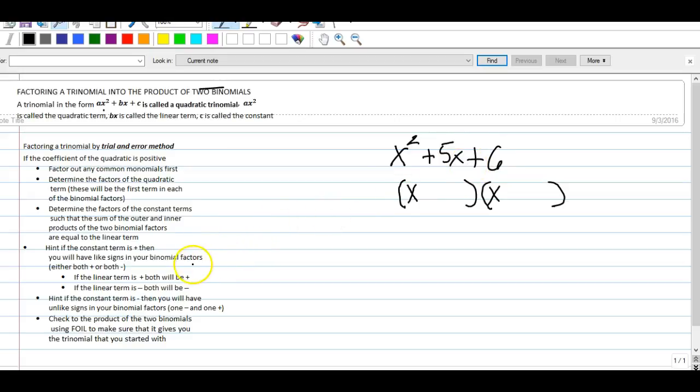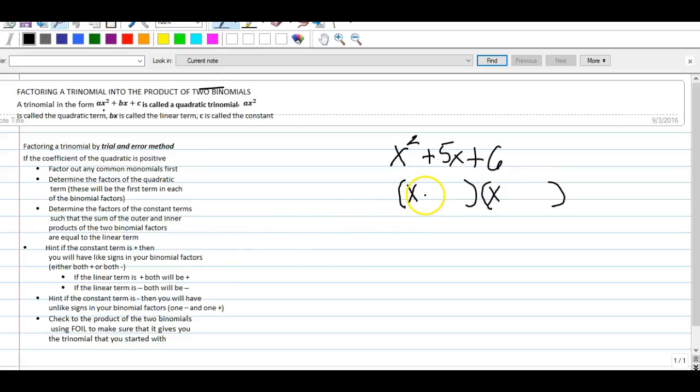And we can do a little bit better than that. We know that those signs will both either be plus or minus. Keep in mind that a negative 2 times a negative 3 or a negative 1 times a negative 6 will still give you a positive 6. So we know that both of these will be plus or both of these will be minus.